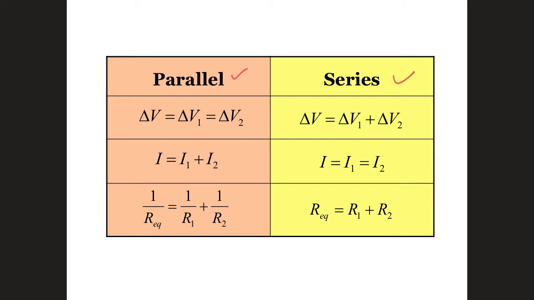This calculation is almost the same as with capacitors, where you first find the equal physical quantity, and after that you find the different physical quantity for each capacitor. So this one is also the same thing. You solve using the same physical quantity for each resistor, and after that you find the one that is different for each resistor.